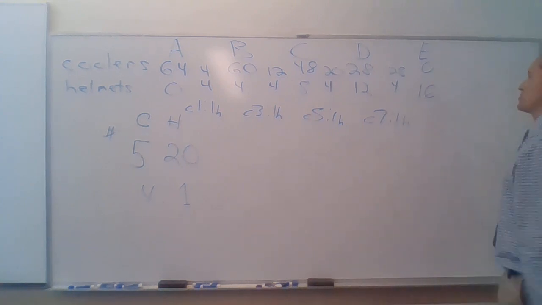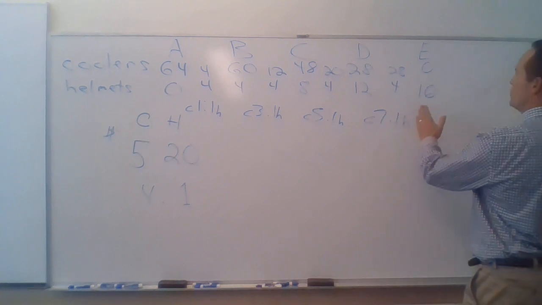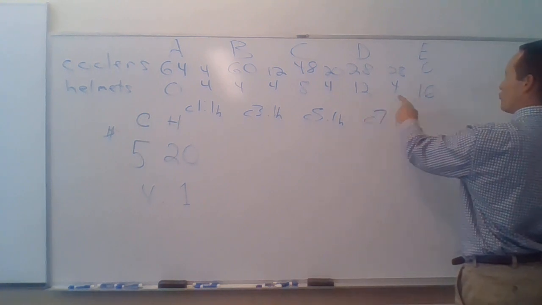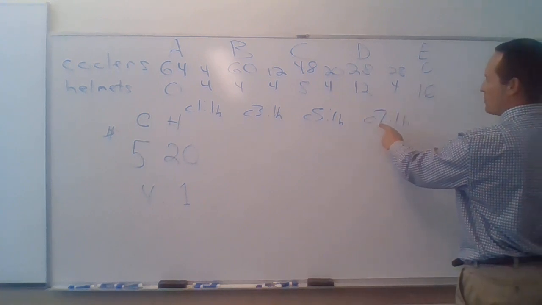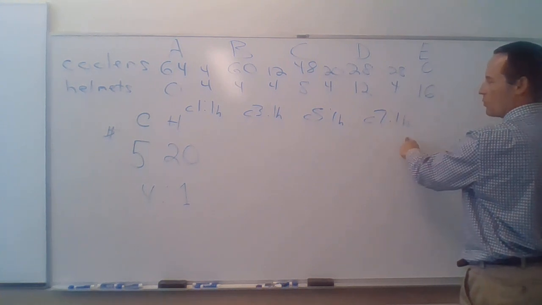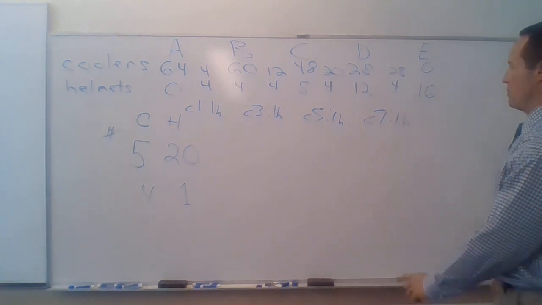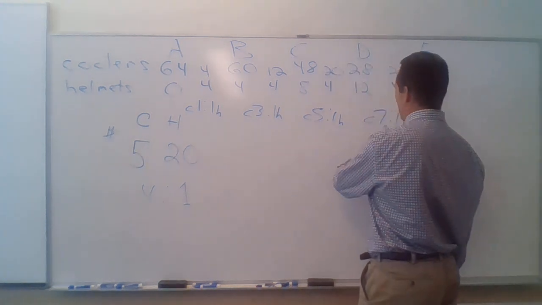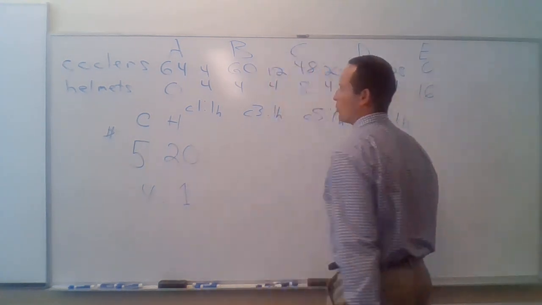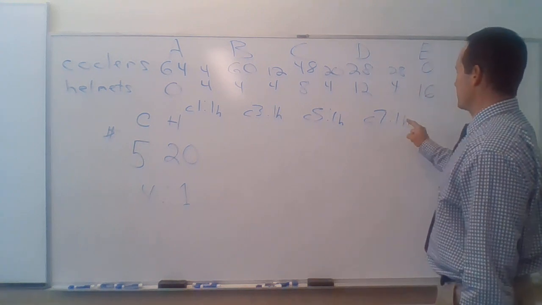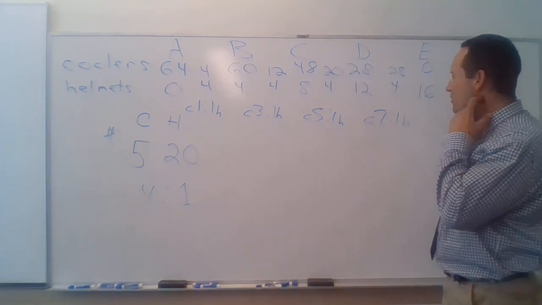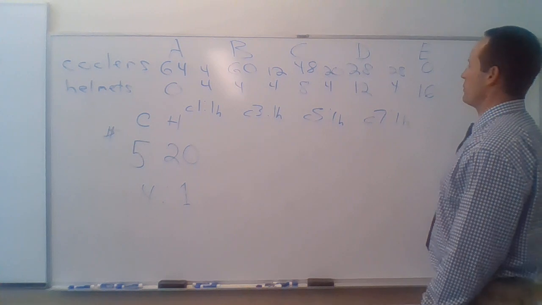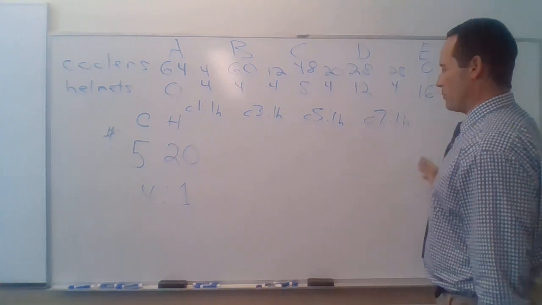Point E represents all helmets. And to get to point E and pass through point D, you have to give up 7 coolers to get one helmet. Imagine that. Imagine getting one $20 helmet by giving up 7 $5 coolers. That would be getting $20 by giving up 35. And that would not be worthwhile. So that would be too much.